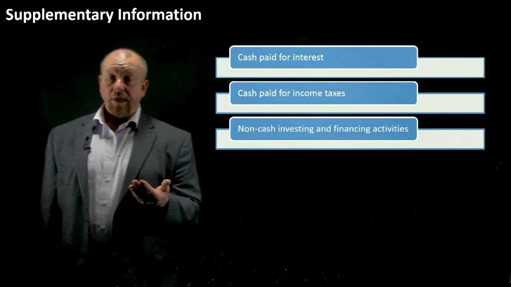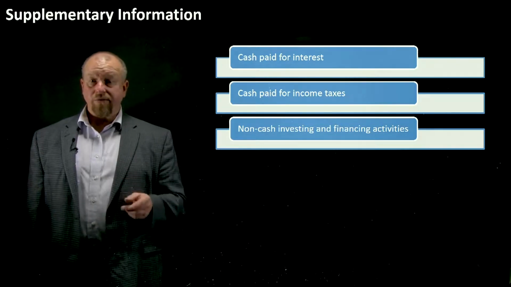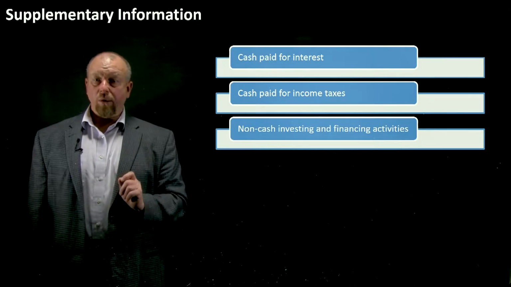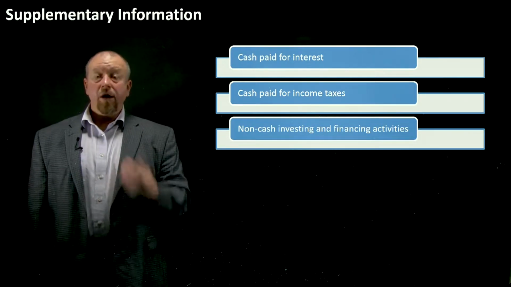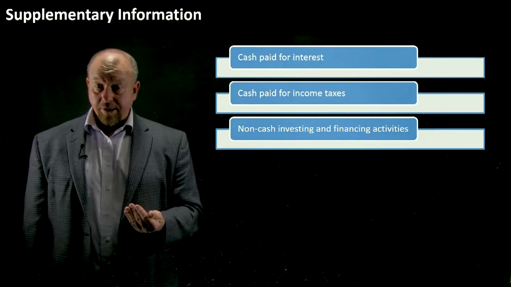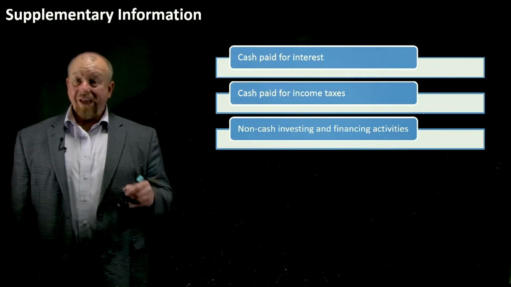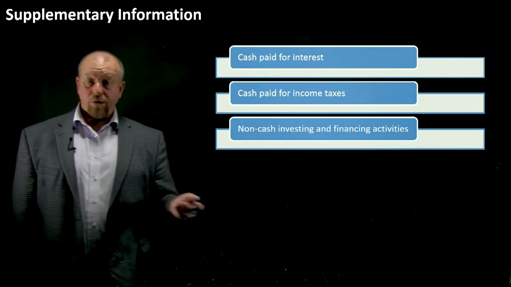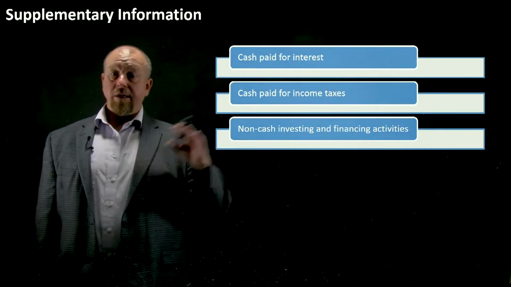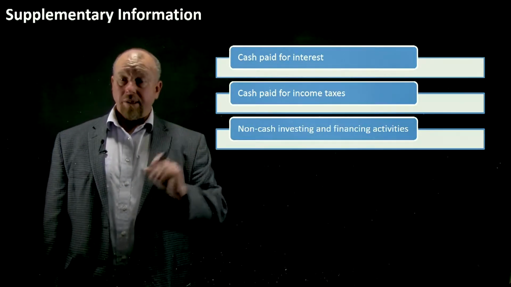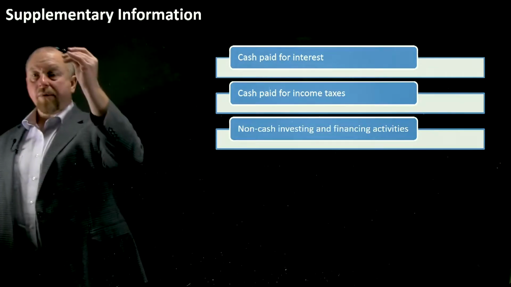If you have decent credit, there's a pretty good chance that you could pause this video, go to the car dealership, and purchase a new vehicle without spending any money today. Of course, you'd be signing up for monthly payments, but that would effectively be a financing activity and an investing activity. You're investing in a car, and then you're financing it, but it never touched your checkbook, at least the initial transaction.